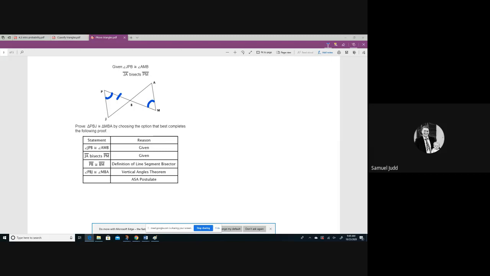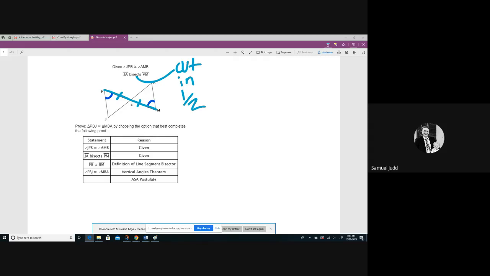So we know that these two lines here, I'll use a different color, that this is congruent to this, because we know bisect means that we cut in half. We'll probably use that at some point. And we're trying to prove that the triangles are congruent.